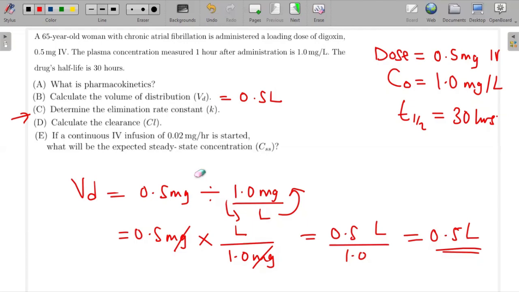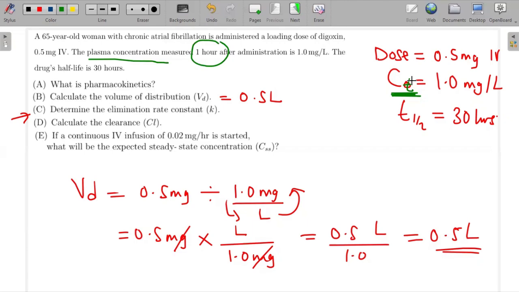So C naught must represent the initial concentration, right? So she's talking about the notation that I used here. This plasma concentration was measured after an hour, so the notation we use there will be CT, after time T, which is just 1 hour. Anyway, the answer that you're going to find will still be the same.